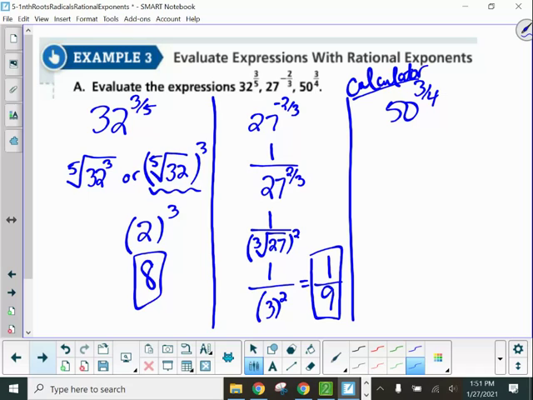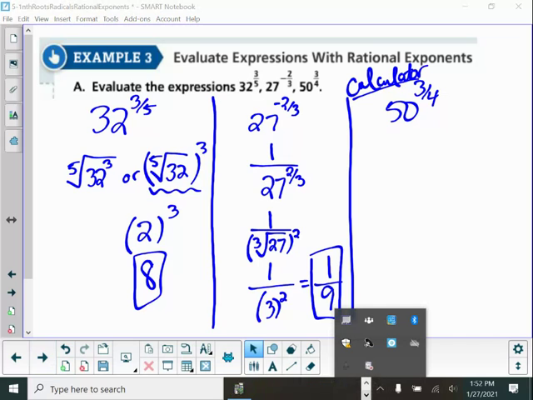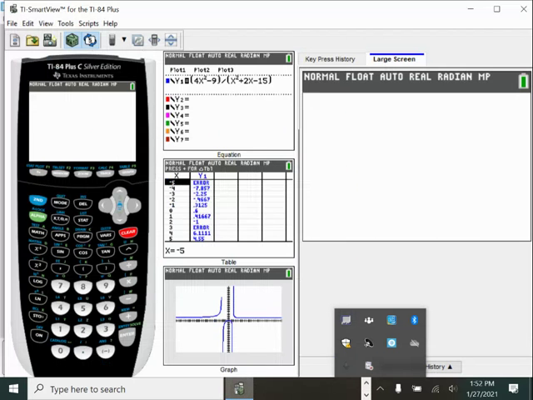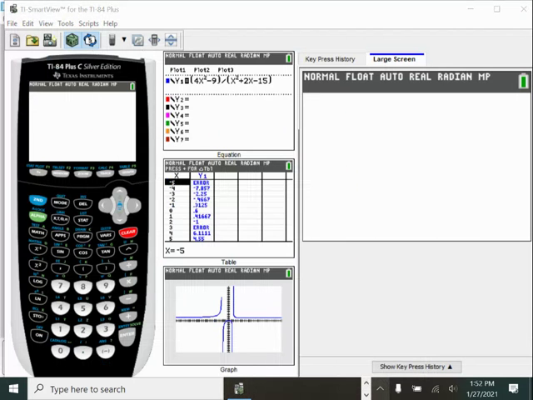If we look at the calculator for the last one, I could rewrite this if I wanted to. However, I don't know what the fourth root of 50 is, nor do I know what 50 cubed is, and that's where your calculator comes in. So let's find our calculator here. We're going to type in the 50. Then I'm going to use the caret key.